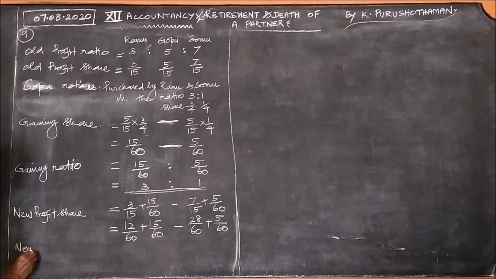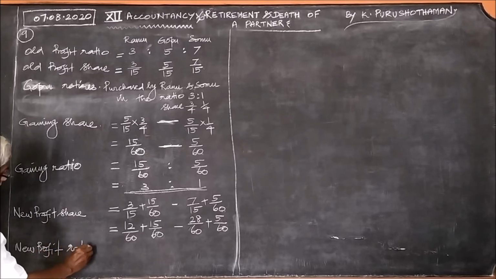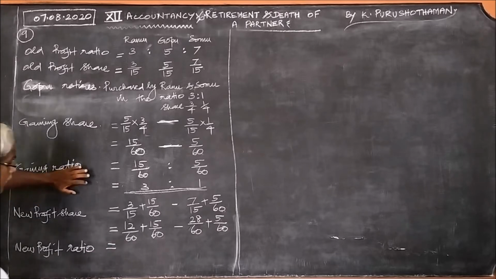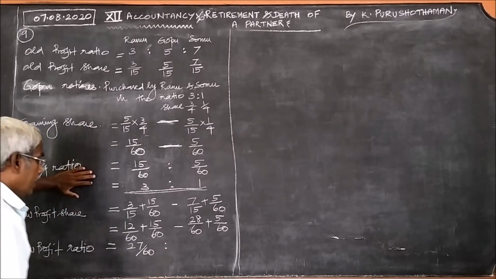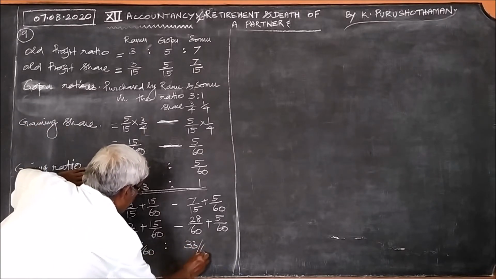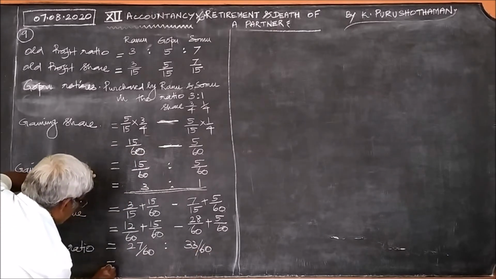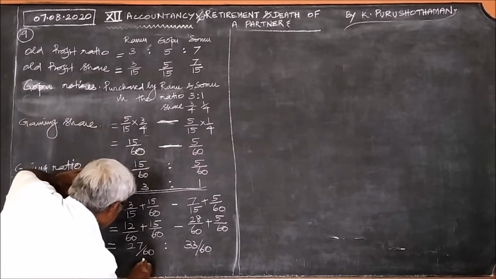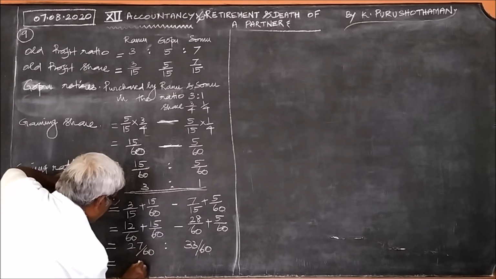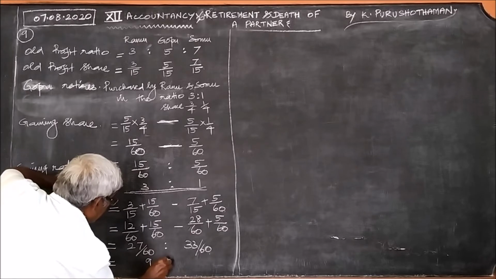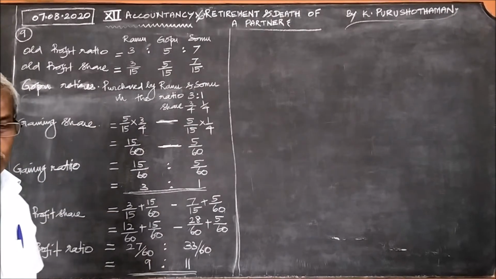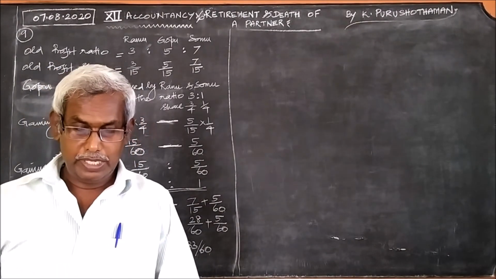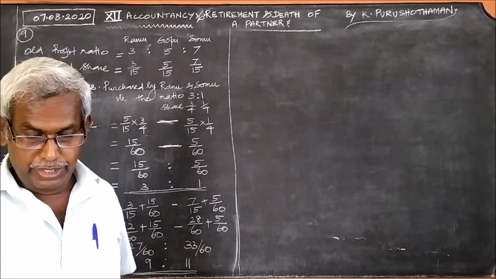The new profit ratio is equal to 27 by 60 is to 33 by 60. We can leave the 60. 9 3s are 27, 11 3s are 33. Therefore, 9:11 is the new profit ratio.